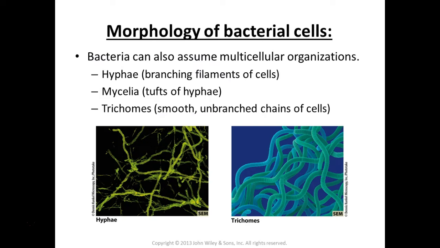So bacteria, believe it or not, some of them can grow somewhat filamentous. Their cells really stretch out like you see in this first picture. And they form these branches of filaments. So under the microscope, you might think that you're looking at a mold. But in fact, they're bacteria.